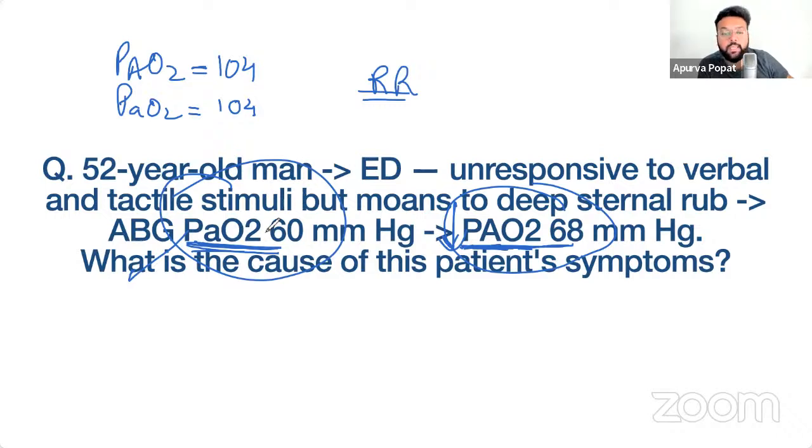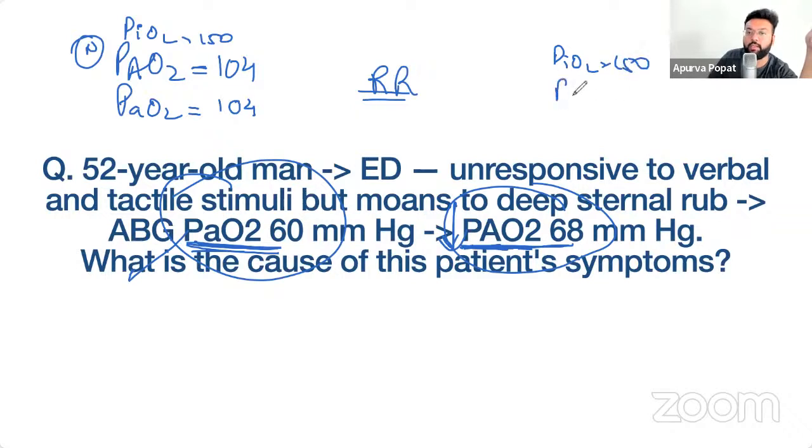Very good. At high altitudes your PiO2 decreases. If the man is at sea level, PiO2 will be normal, around 150. In this scenario PiO2 will still be 150, but PaO2 is 68 and PAO2 is 60. That means there is some problem in breathing.